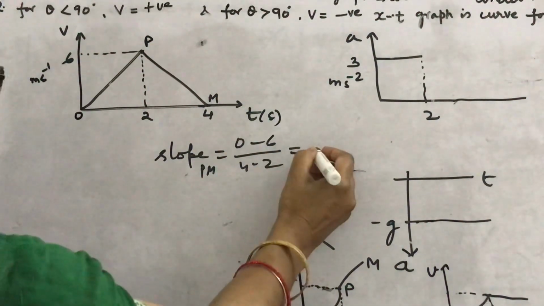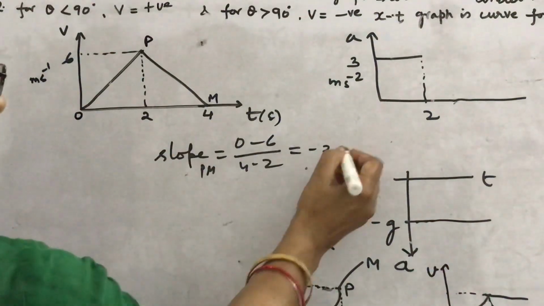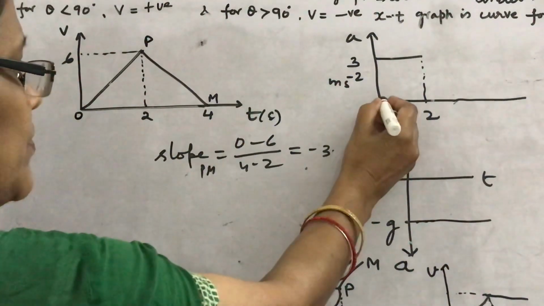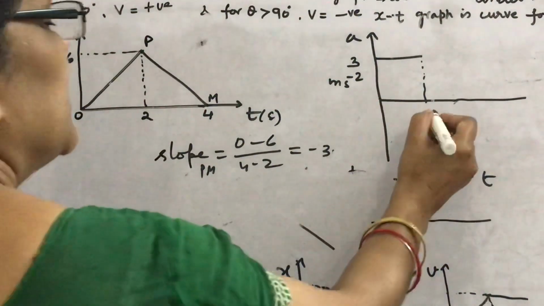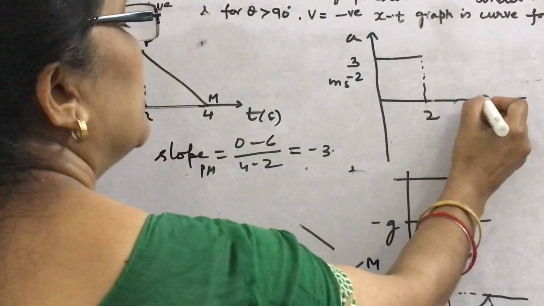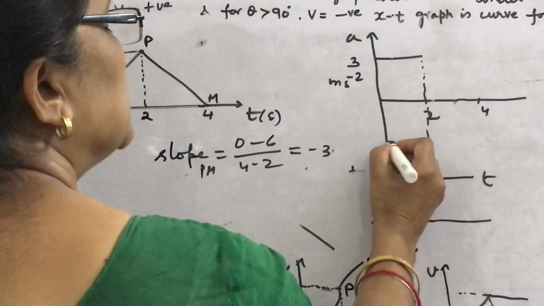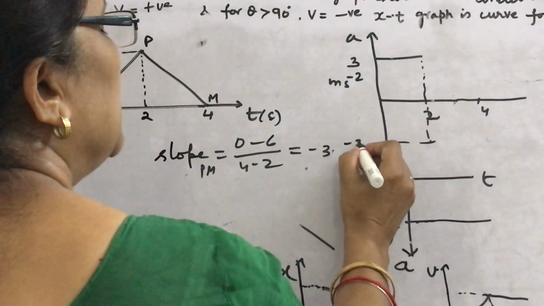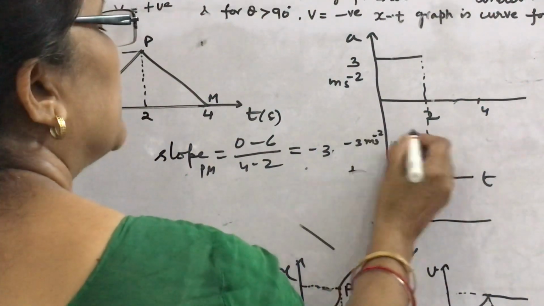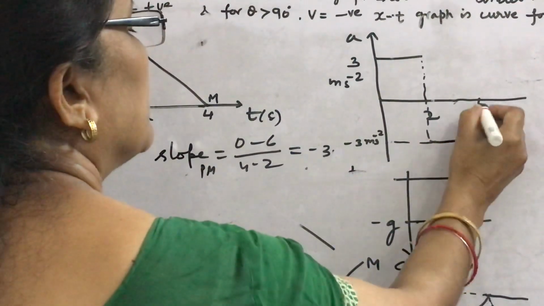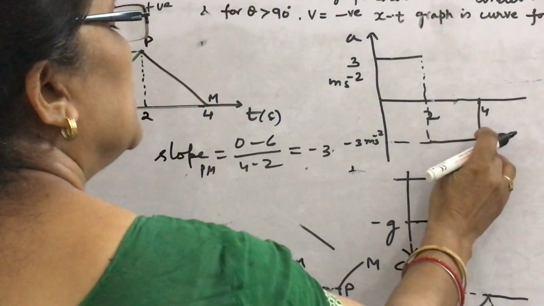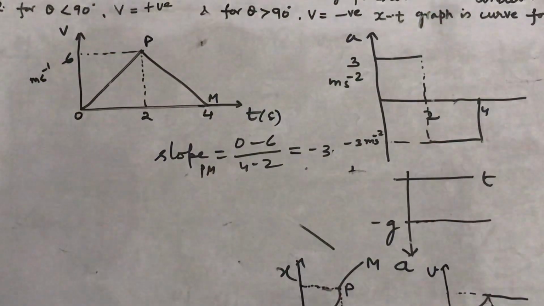What will you get again? Minus 3 meter per second square. So if you draw the graph like this, from 2 to the next 4 second, this is the 4, what will be the acceleration? This is minus 3 meter per second square, and this will be the graph. So in this way the graph is plotted.